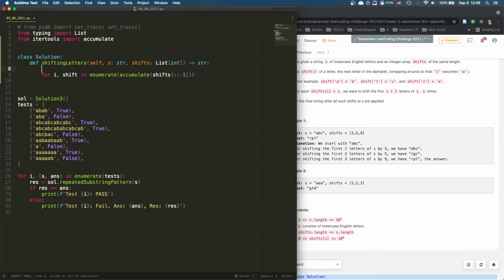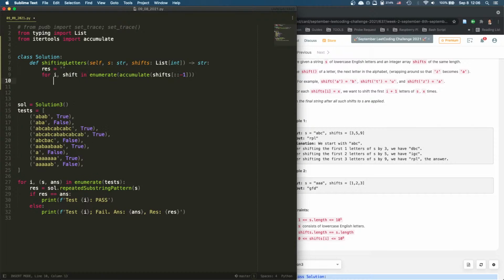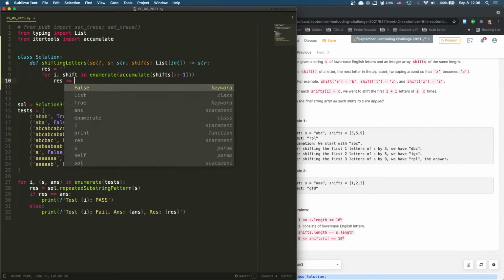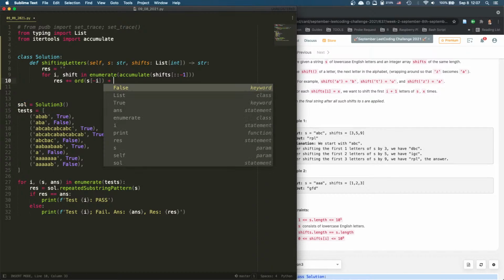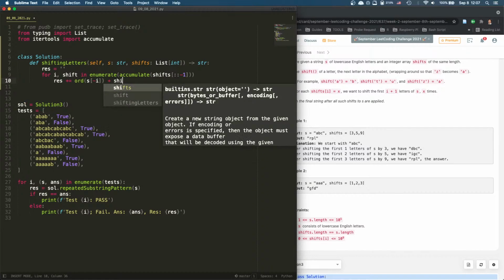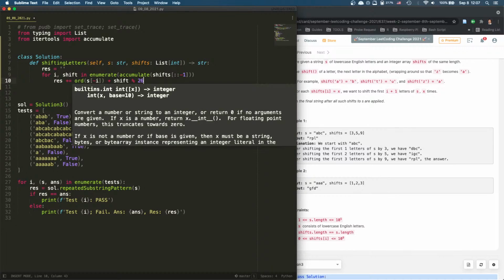And then we have to have a res equals this. And then we do res plus equal to s minus i, right? It's minus i, and we need to do ord of this plus 26 plus shift mod 26.